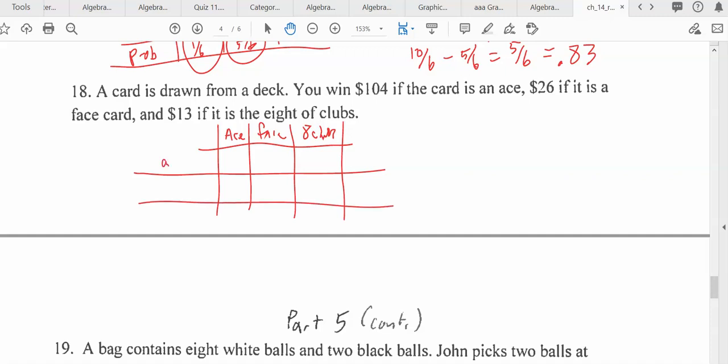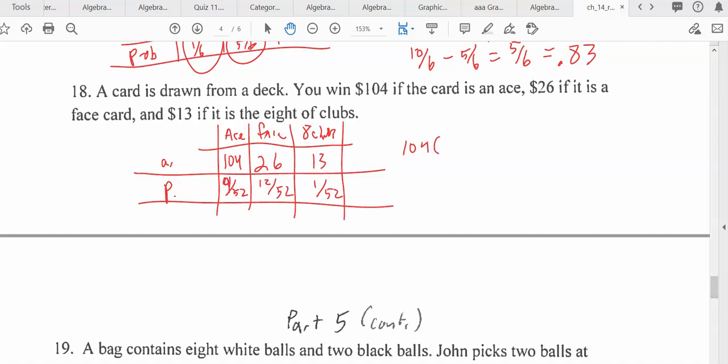So this is going to be amount, and this is probability. You get $104 for an ace, for face cards you get 26, and for the 8 of clubs you get 13. The probability of the 8 of clubs is 1 out of 52, a face card is 12 out of 52. Oh, I'm sorry, aces, there are 4 of those.